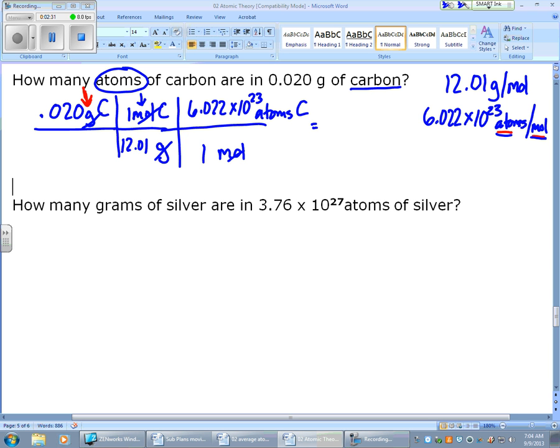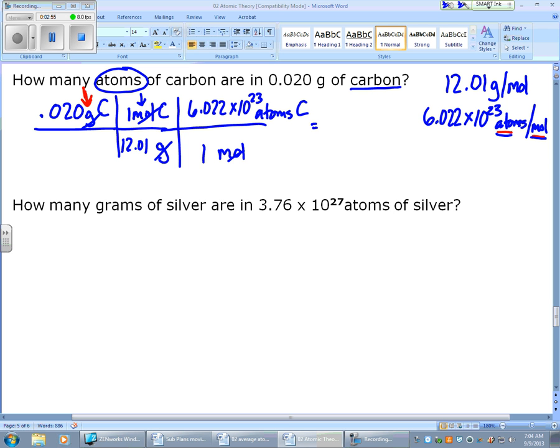Mole cancels out. Everything on top multiplied together, divided by everything on the bottom: 0.02 times 6.022, EE button 23, and then divide by 12.01. Since we're using Avogadro's number, it's a good chance that my answer is going to end up in scientific notation, and it does.